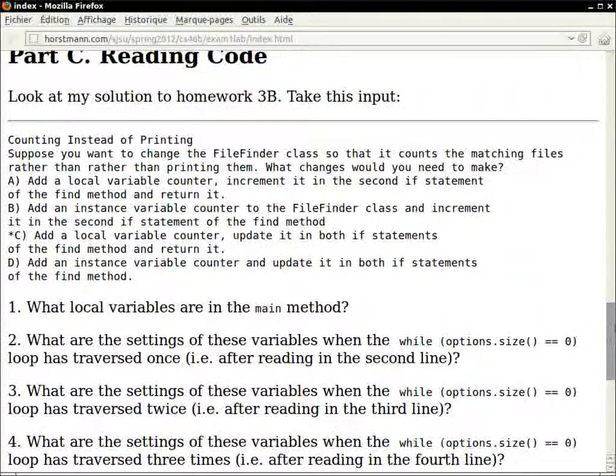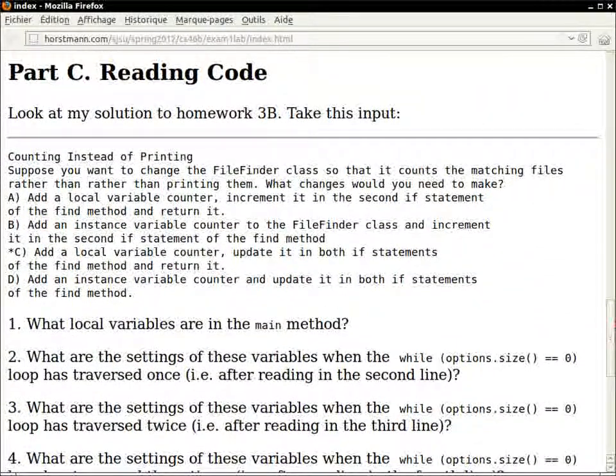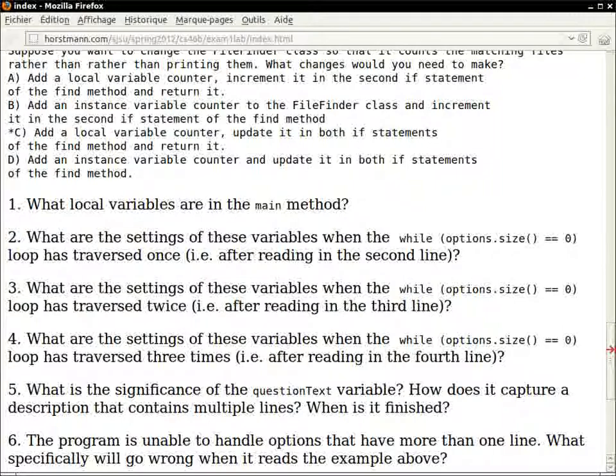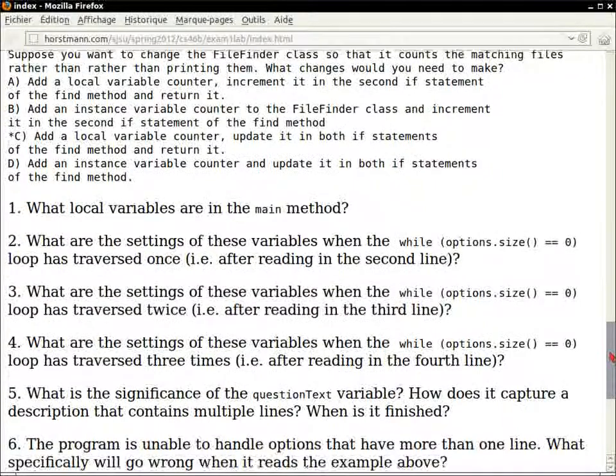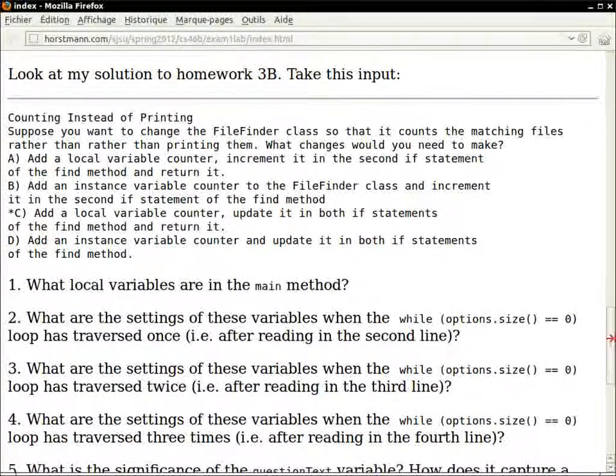And then part C, the reading code part. So there was a question in the exam. It was the last question. Not everyone got to it, and that's understandable. But the reason I put it on there is I want to emphasize the importance of reading code.